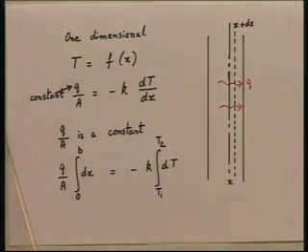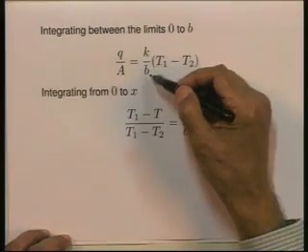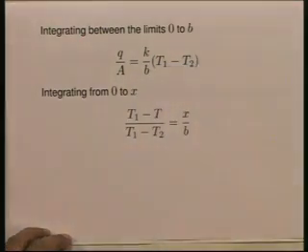If we integrate it, we get q by a is equal to k by b into T1 minus T2. This is the expression for the rate at which heat flows across the slab.